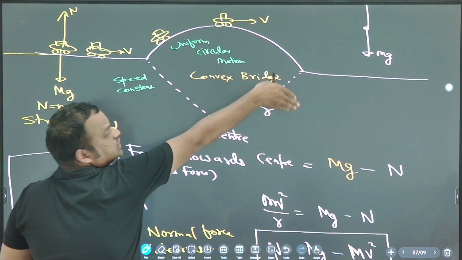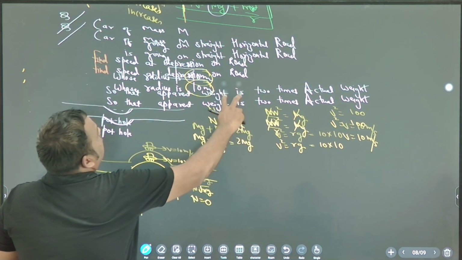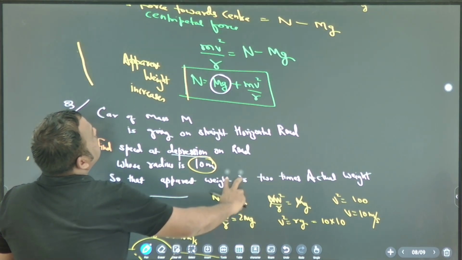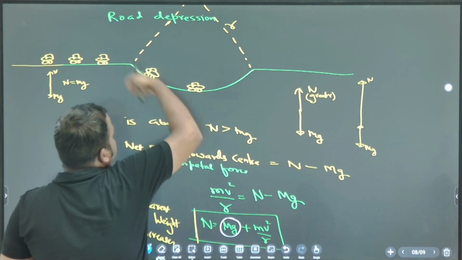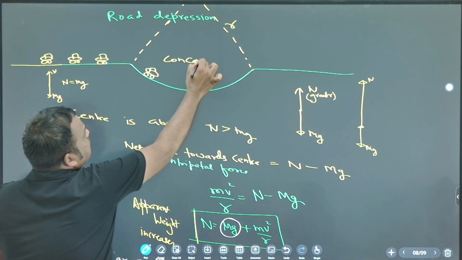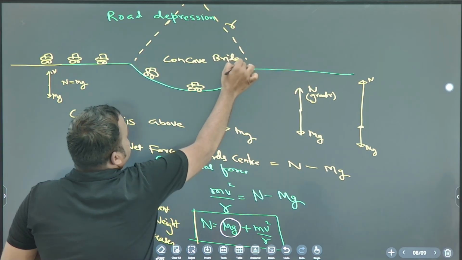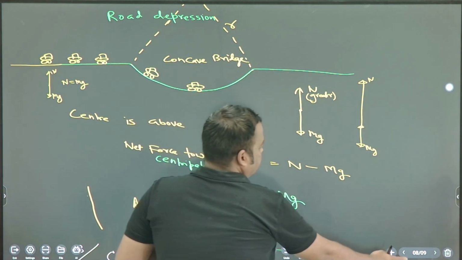This is convex. And next, what do you call this bridge? Tell me. Concave bridge. You can call it concave bridge. Depression means concave bridge. Okay, note down. Convex and concave.